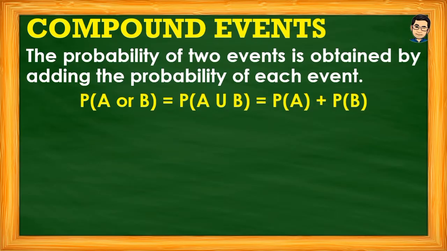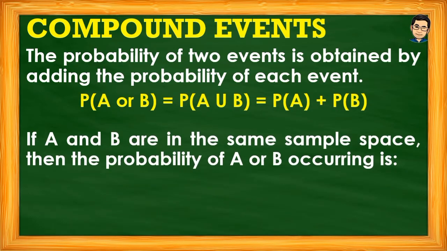That is the probability of A or B, or the probability of A union B is equal to the probability of A plus the probability of B. Kukunin lang po natin yung probability na yung event A nag-occur. Tapos, i-add natin dun sa probability ng B. Ganun lang po yun. So, ganun po ang probability of A union B.